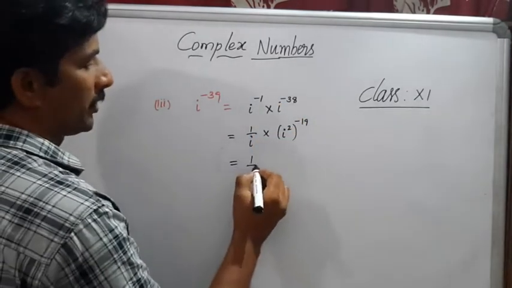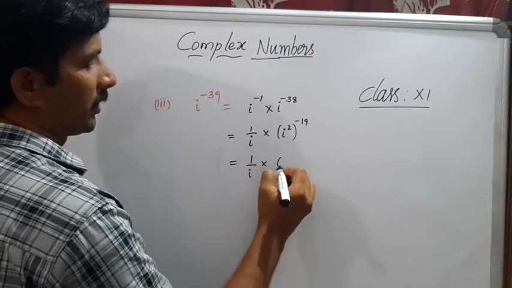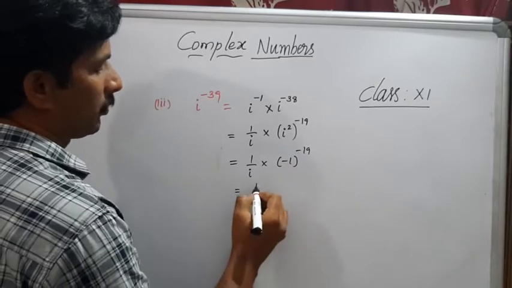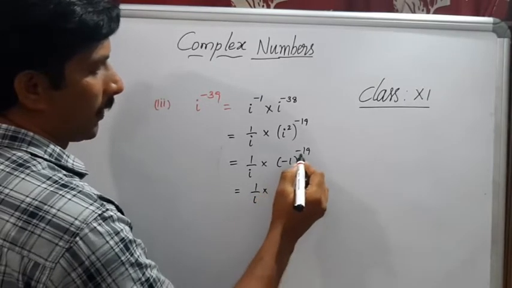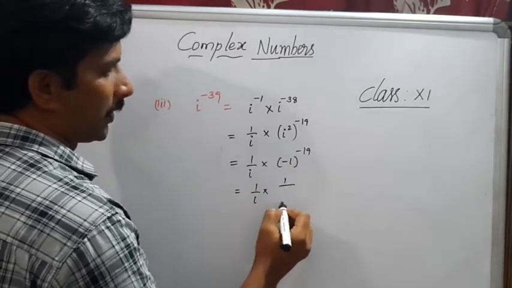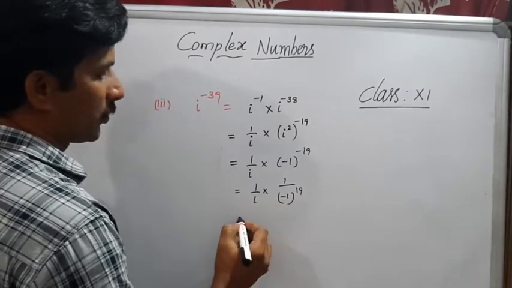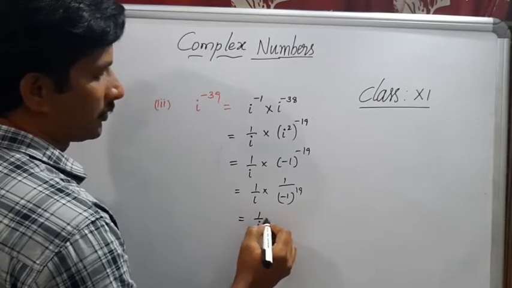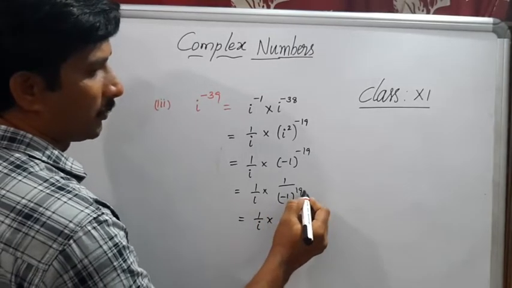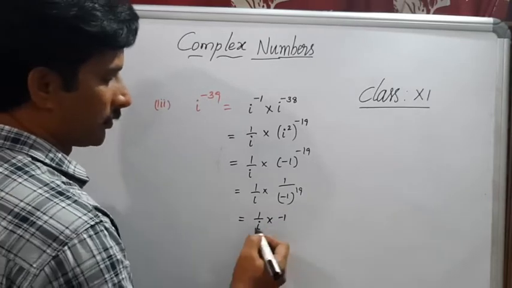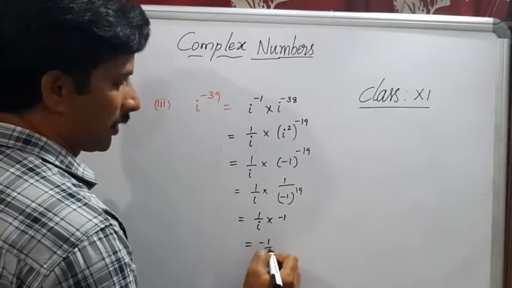So 1 by i into i square, which is minus 1, whole power minus 19, equals 1 by i into 1 by minus 1 whole power 19. So which is equal to 1 by i into, minus 1 whole power 19 means minus 1. So that equals minus 1 by i.